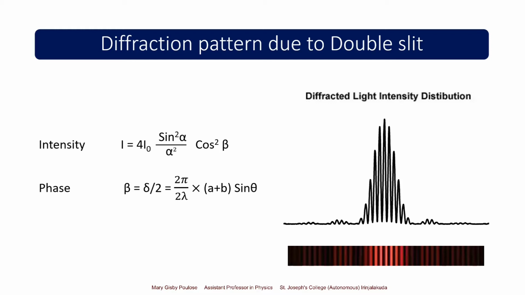The phase difference β is given as δ/2, that is equal to 2π/2λ times the path difference (a+b) sinθ, where again θ is the angle of diffraction.